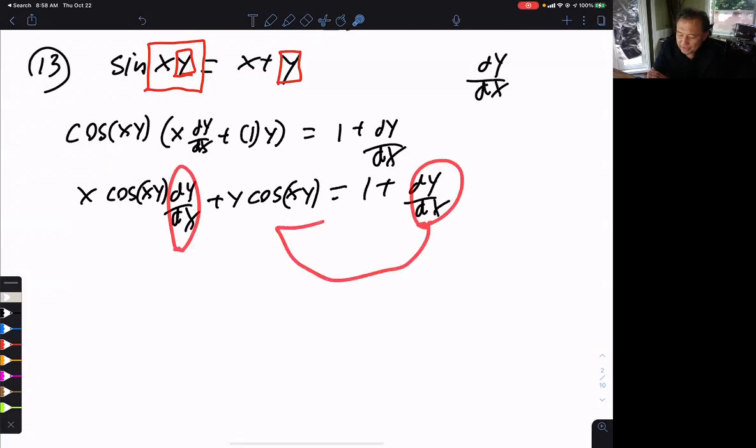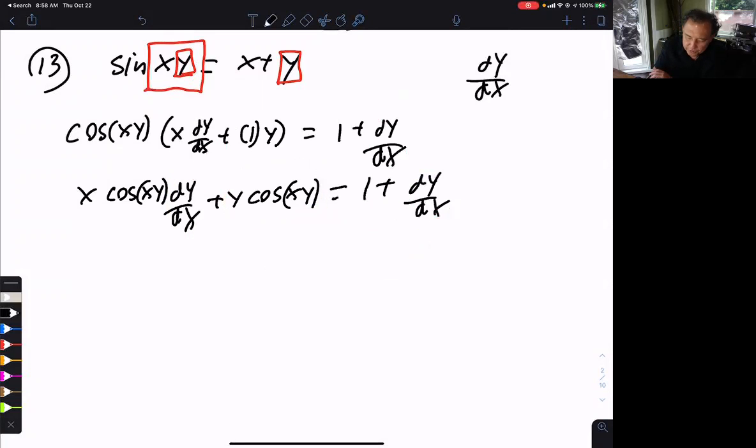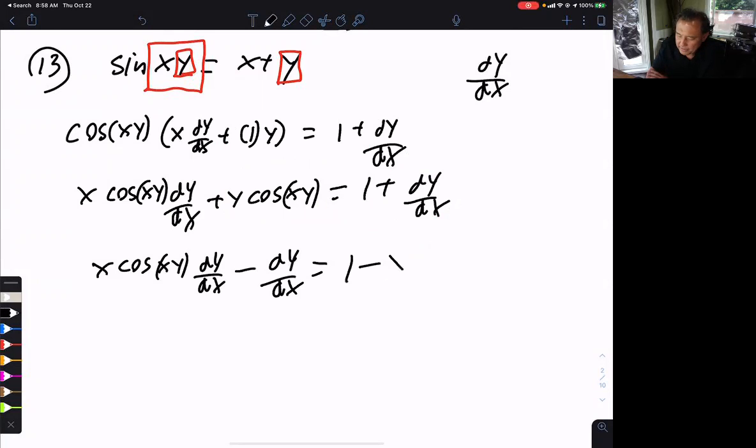This one, I want to get to that side by subtracting from both sides. And this doesn't have a dy dx. I'm going to subtract that from both sides and get it over there. So now we have x cos xy dy dx minus dy dx and 1 minus y cos xy.